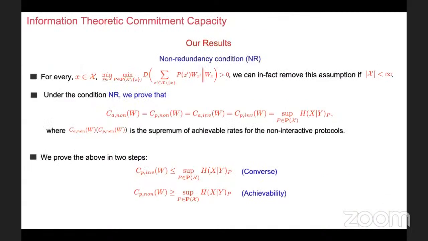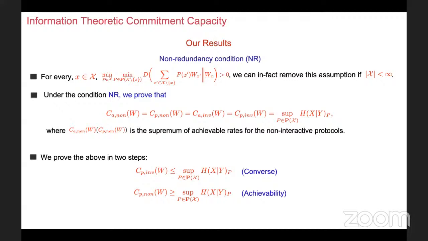Further, we assume a non-redundancy condition. Basically what it says is that for every X, the channel output cannot be represented as a convex combination of the channel outputs with respect to other inputs. This is an important condition, but we can remove this assumption if the size of the set over which X takes values is finite.